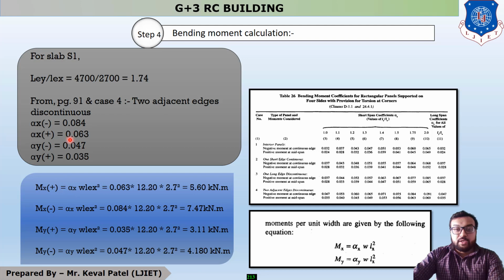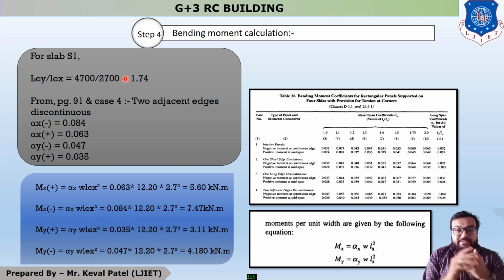What is the value of alpha x positive? It is 0.063. Next is w. The value of w is 12.20, which is calculated in the last step. And the value of Lex is equal to 2700 mm, but we have to convert mm to meter by dividing by 1000.